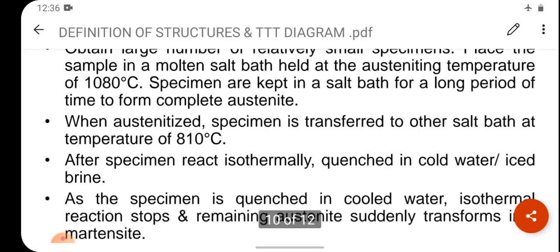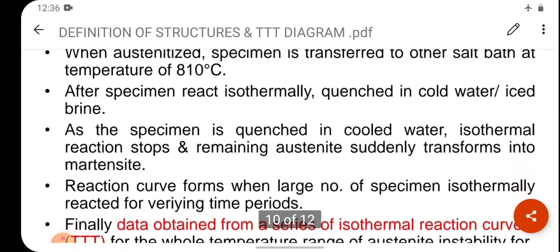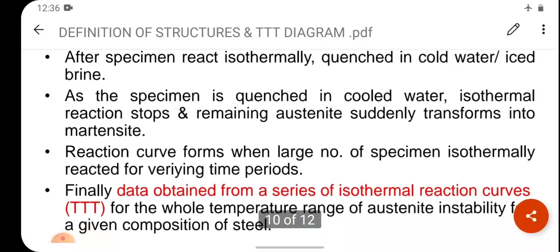As the specimen is quenched in cooled water, the isothermal reaction stops and the remaining austenite suddenly transforms into martensite.